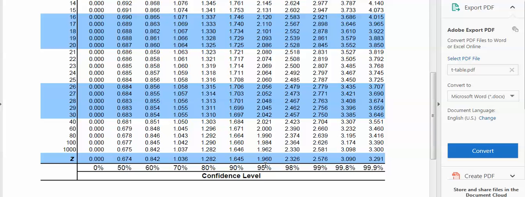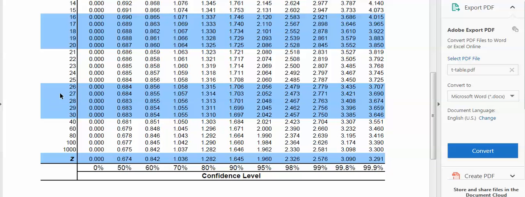In almost all studies that calculate a margin of error, the 95% margin of error is calculated. So we'll calculate the 95% margin of error. So we have to go to 95% right here, and we just have to look at the correct row that we need to use.